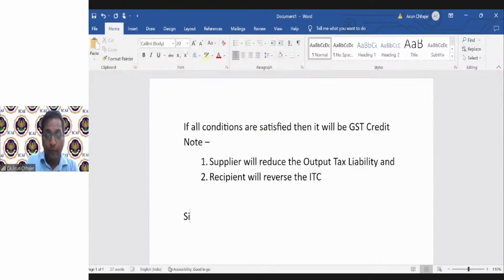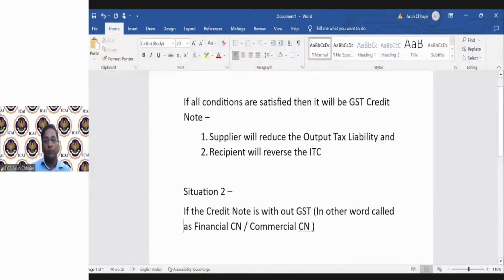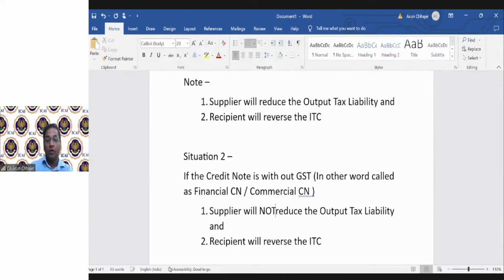Situation number 2: if the credit note is without GST, in other words, a financial credit note or commercial credit note, the supplier will not reduce the output tax liability and the recipient will not be required to reverse the ITC.